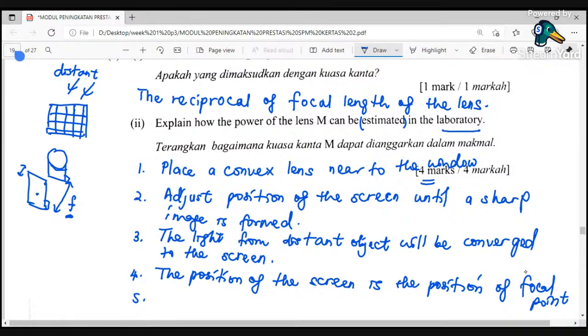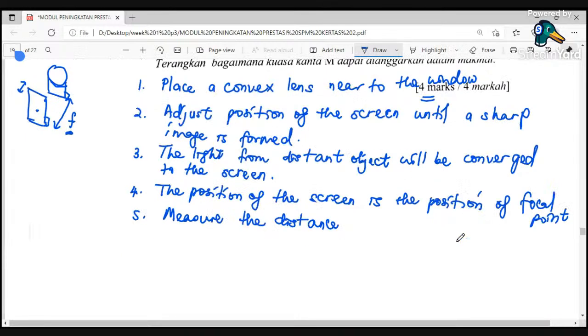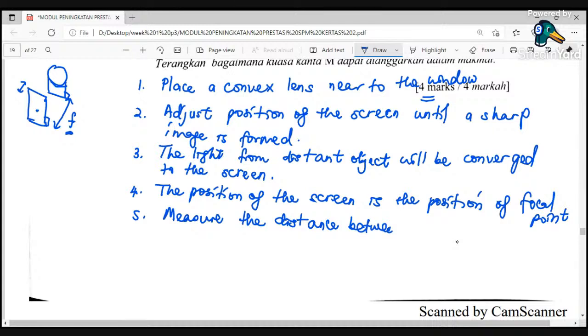Okay, so the last step is measure the distance between the screen and the lens and record as focal length.